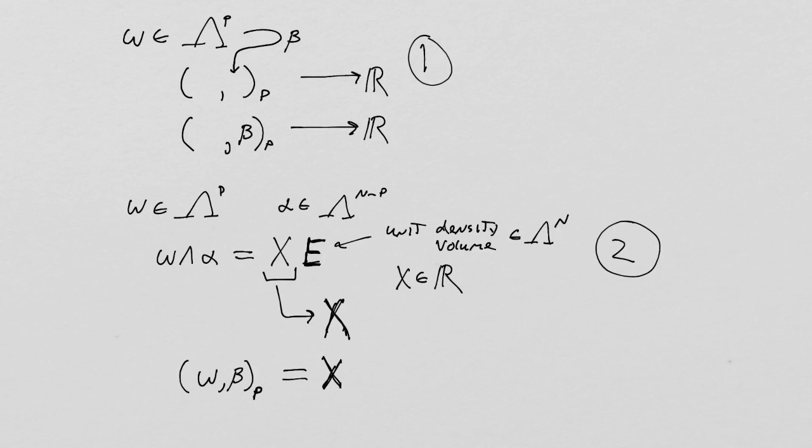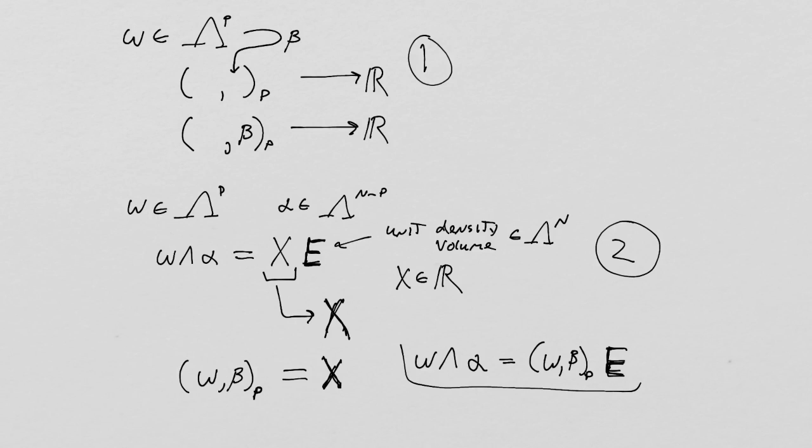And when that is the case, what we're saying is that omega wedge alpha equals omega inner product beta times this unit density.